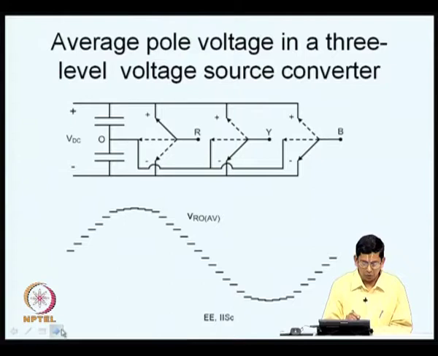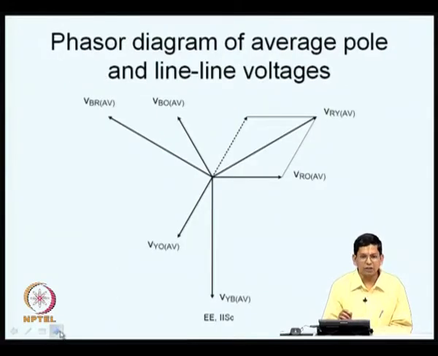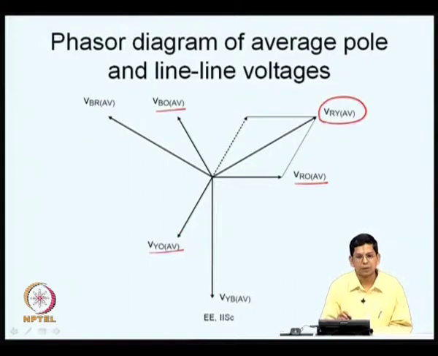Alright. So, if you have the 3 average voltages, whether you talk of a 2 level inverter or a 3 level inverter, you have VRO average, VYO average and VBO average, which are sinusoidal now. And VRO average minus VYO average gives you VRY average, and VYO average minus VBO average gives you VYB average.